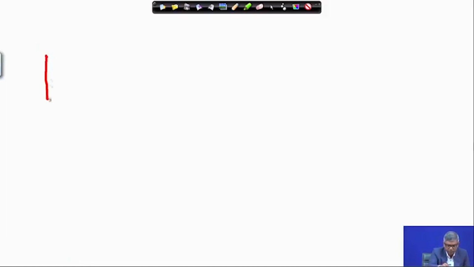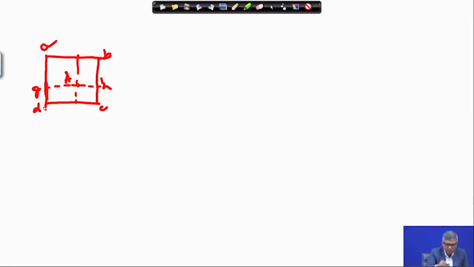Suppose this is point A and this is suppose point G, this is suppose point H and this is suppose B, this is suppose A and this is suppose C and this is suppose D, and if I extend this and then complete this, then suppose this is capital B and this is suppose J and this is suppose I, and I hope I have given all, and this is suppose E, and with this I can do the calculation.